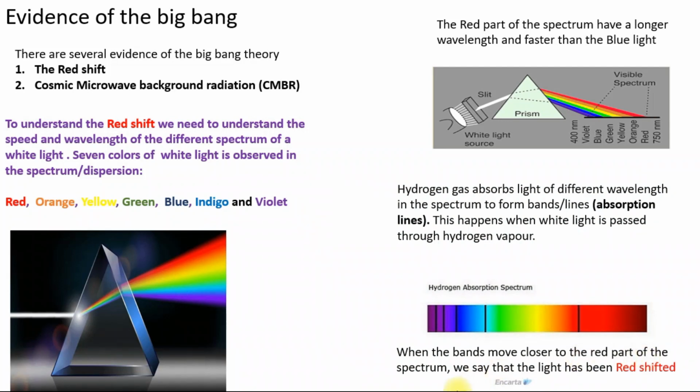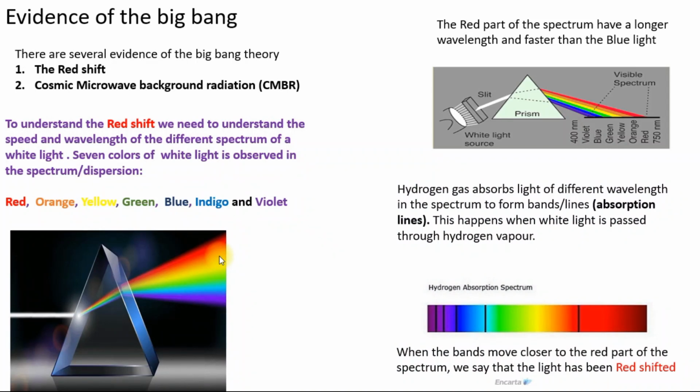When white light enters a prism, the different colors of white light travel at different speeds in the prism, and as such emerge split or dispersed into different colors when they emerge outside the prism.